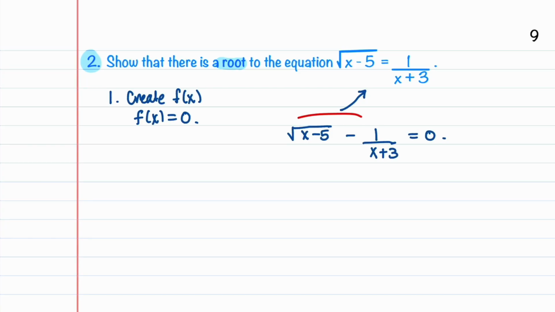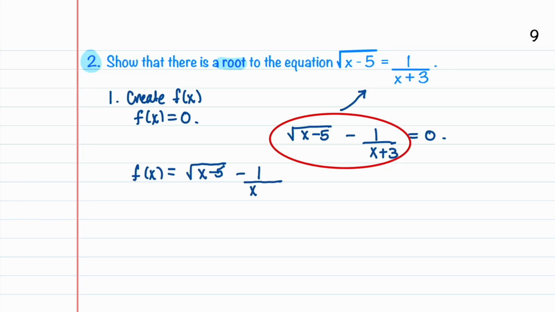And this is our f of x. Let's go ahead and write that down. F of x is equal to the square root x minus 5 minus 1 all divided by x plus 3.